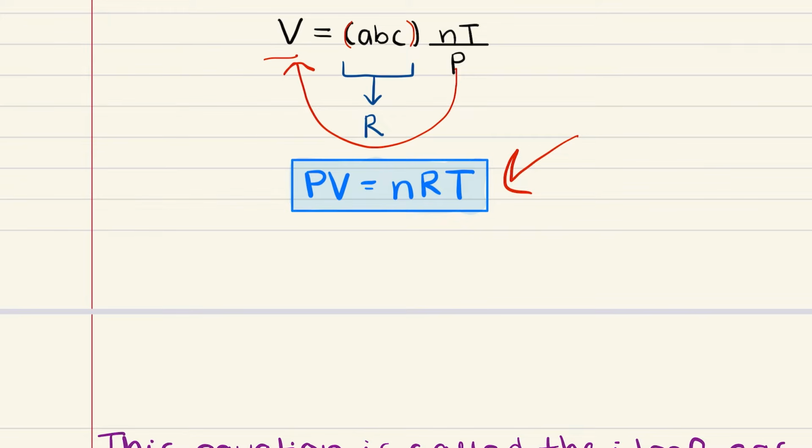Now, it's also important to recognize that the ideal gas law is an empirical equation. It is based on experimental measurements of the properties of gases. A gas that obeys this equation is then said to behave ideally, and the ideal gas equation is then best regarded as a limiting law. It expresses behavior that real gases approach in conditions of low pressure and high temperatures.